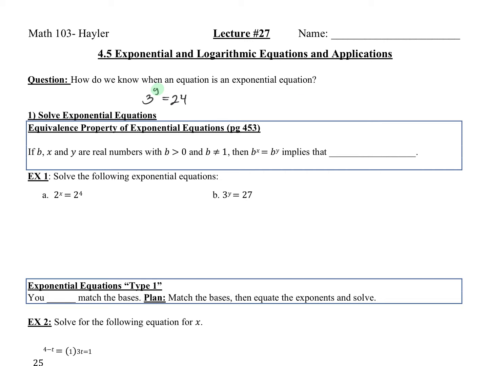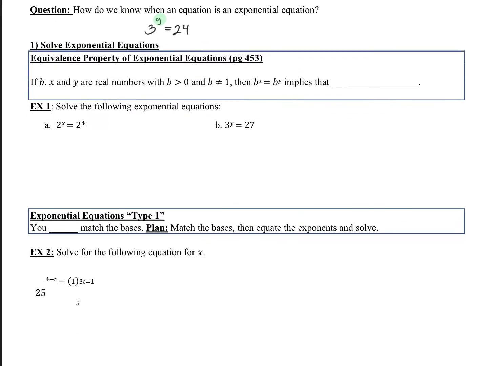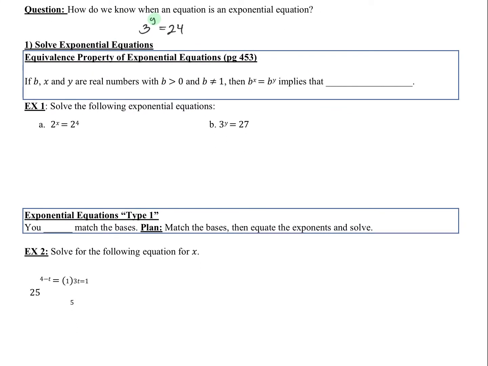Alright, so how do we solve them? Well, one of the main properties we're going to use is called the equivalence property of exponential equations. So if b, x, and y are real numbers, with b greater than 0 and b not equal to 1, then if we have this situation here, where we have one base that's the exact same as the other base, and they're two exponents, if the bases are the same, we can then equate the exponents, which means x equals y.